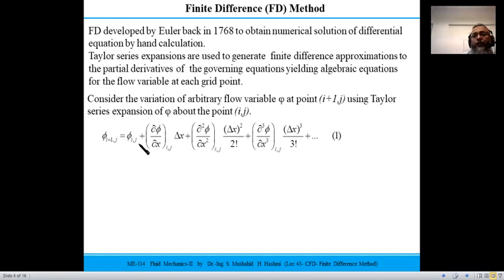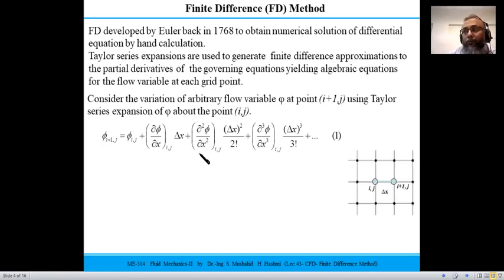So i, j would come first and then i plus 1, j. If I am interested in getting information at i plus 1, j, I need to know what happens at i, j. This information is needed in order to predict the information at the forward point.